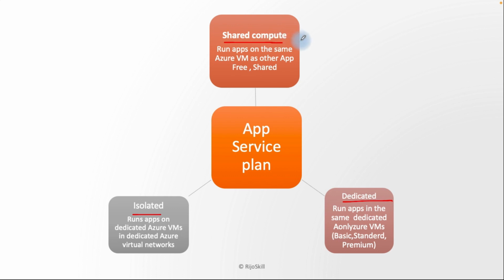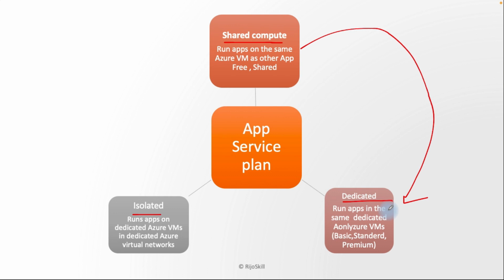That is a shared application because the resource is not dedicated to you. If you want a dedicated resource, you need to shift your App Service Plan to dedicated. Dedicated means your application runs on your own dedicated virtual machine.